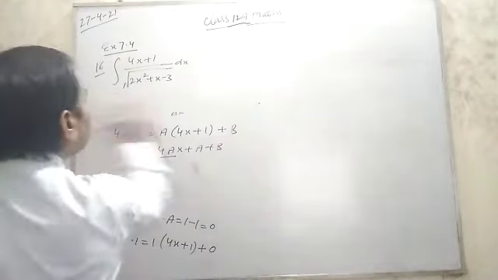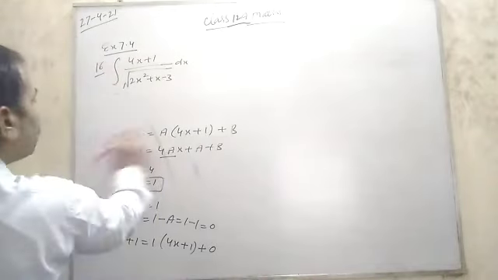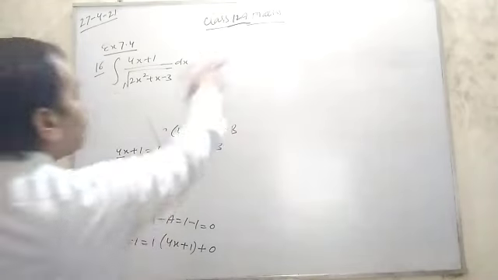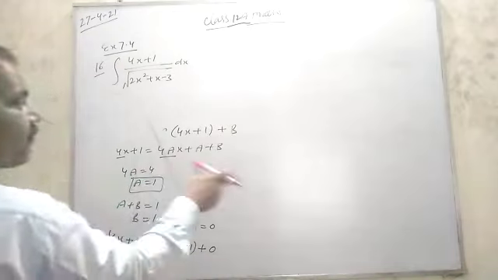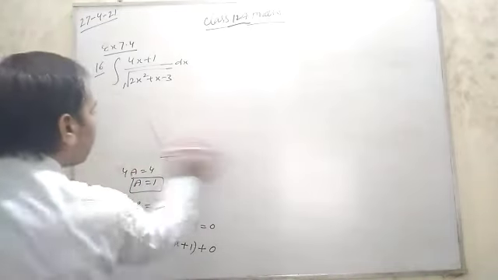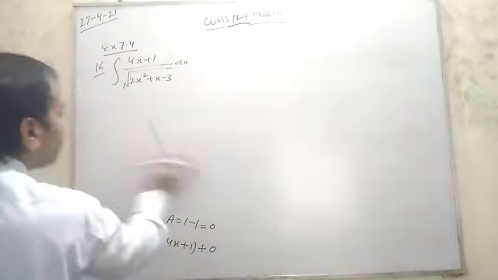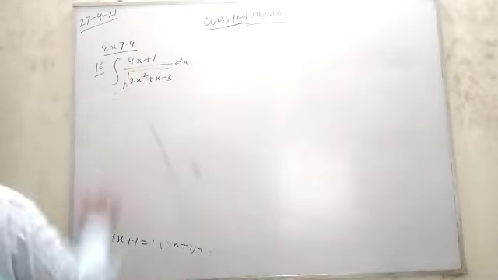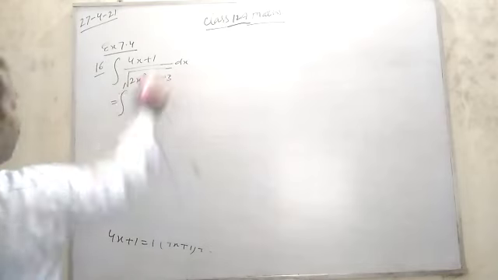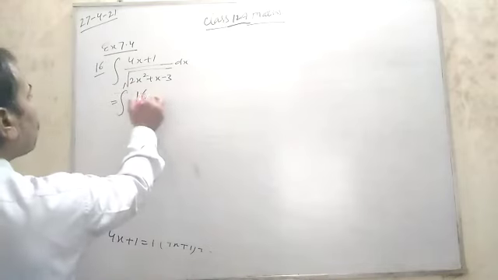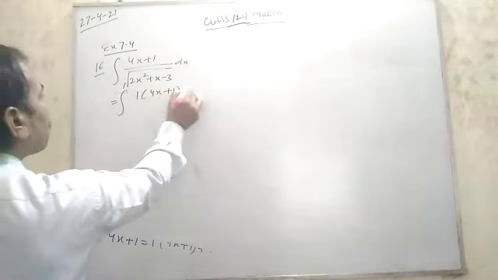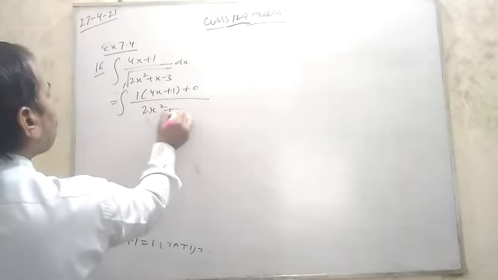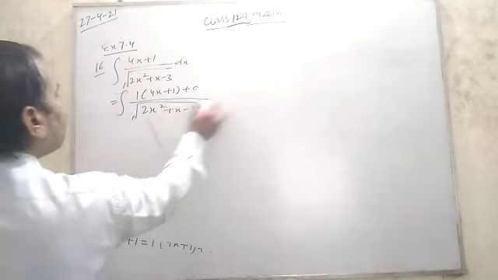So now you put here. This also you have to do in the notebook. Also inside you can do this, but this is not rough work. Okay. So now in place of 4x plus 1, same means 1 into (4x plus 1) plus 0, upon 2x square plus x minus 3 dx.